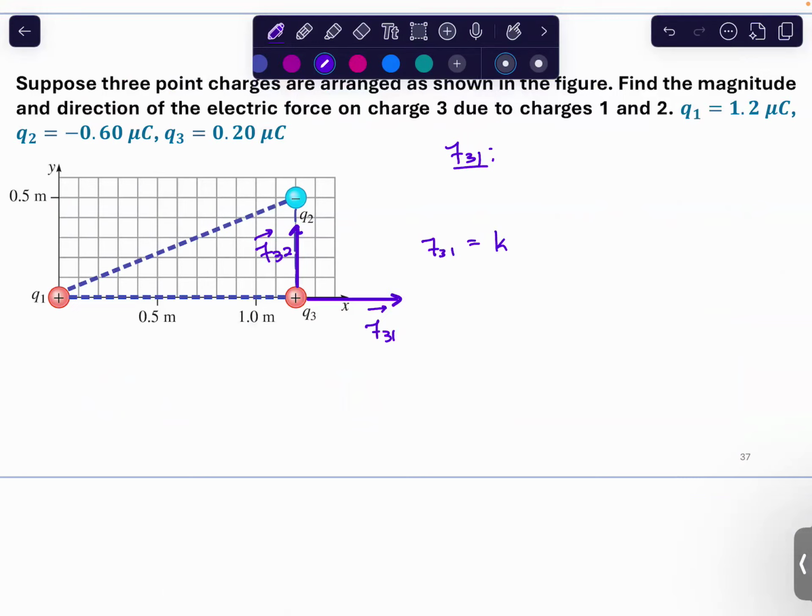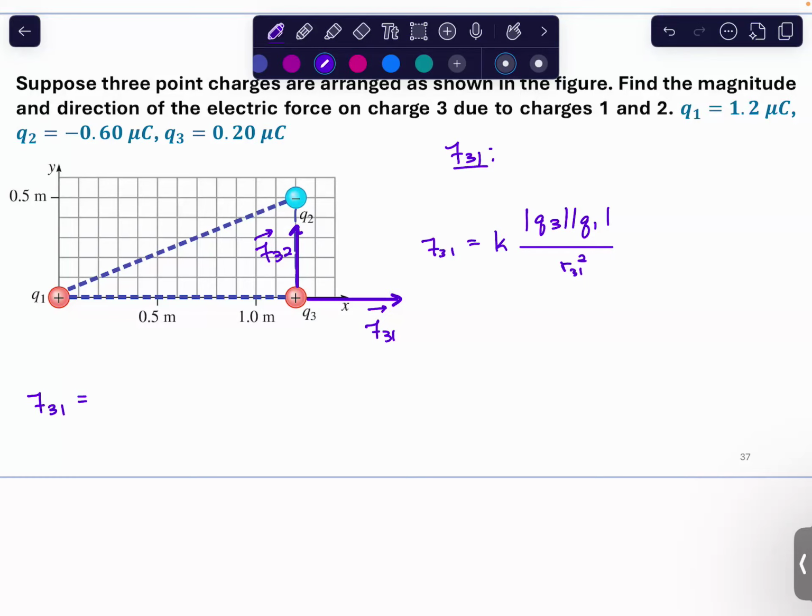So then we have the Coulombic constant. And since this is charge 3-1, we're going to use Q3, Q1 over R31 squared. Okay, so I really wish the internet was working, because I wanted to ask this on a quiz.